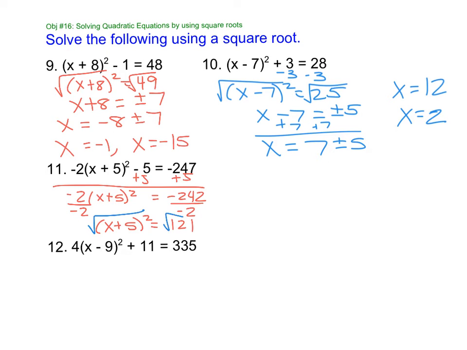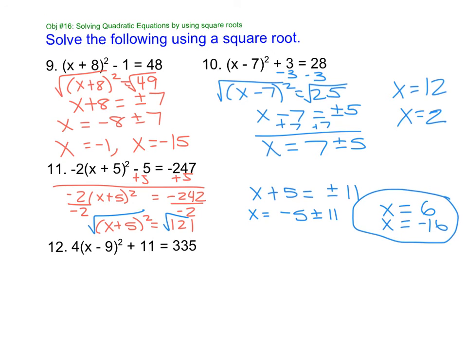Square root of both sides. X plus 5 equals plus or minus 11. Subtract 5. Negative 5 plus or minus 11. Negative 5 plus 11 is 6. Minus 11. I already had one like that, didn't I, on the other page? 6 and negative 16. All right, last one like this for now.